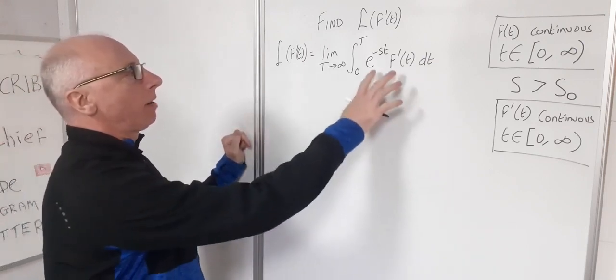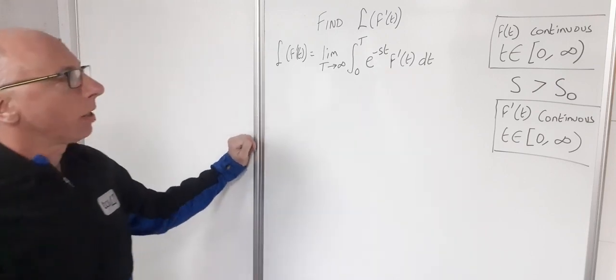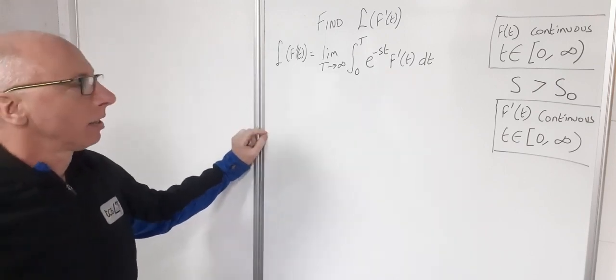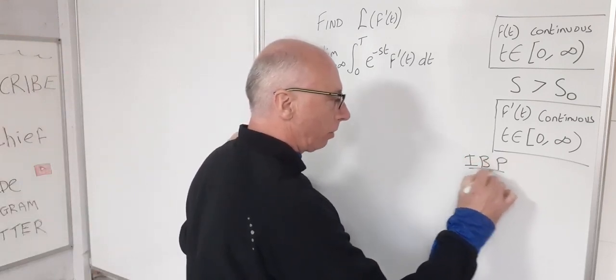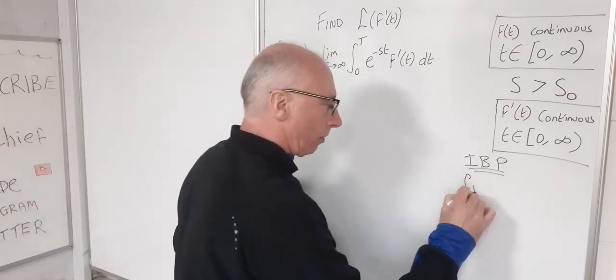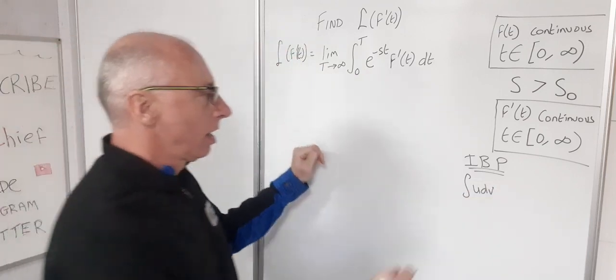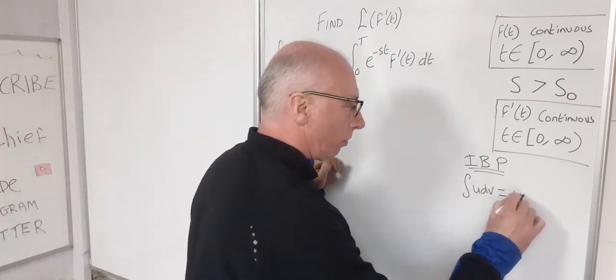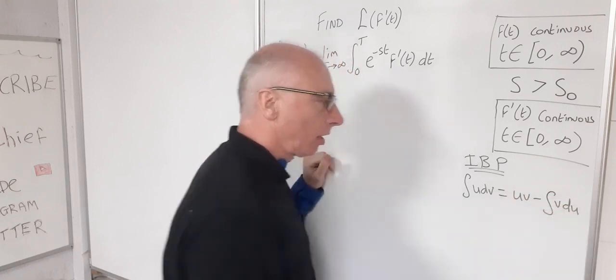Okay, now here I don't know what f prime of t is, so I'm going to need integration by parts. Now there's a standard formula which I like to use for that, and it's the integral of u dv, which equals uv minus a new integral of v times du.